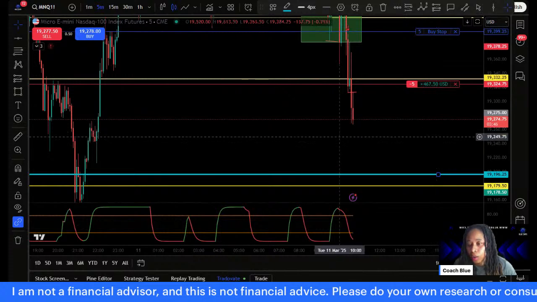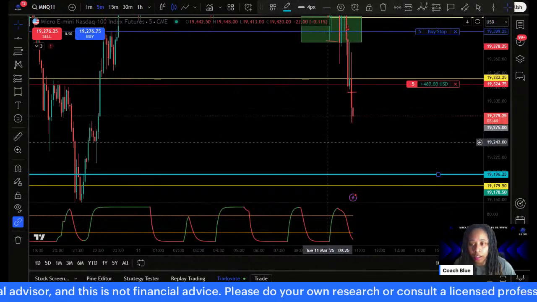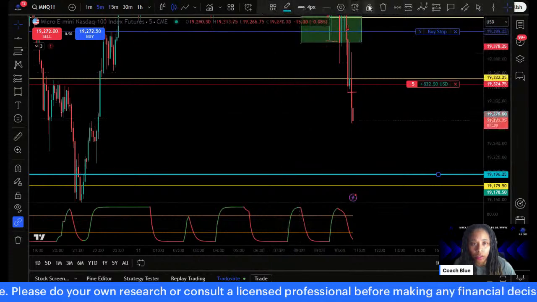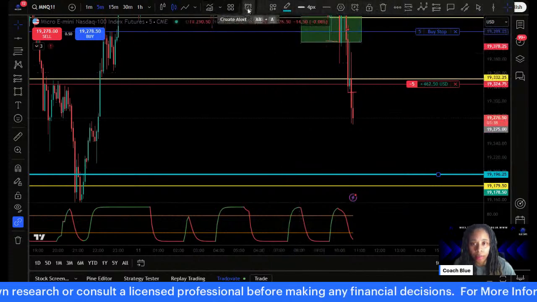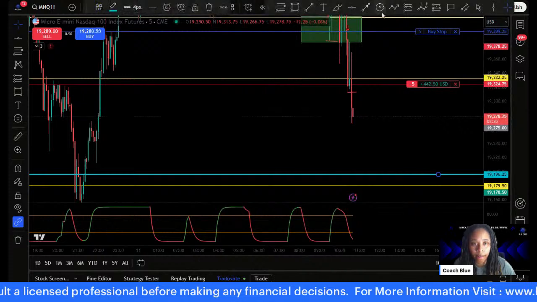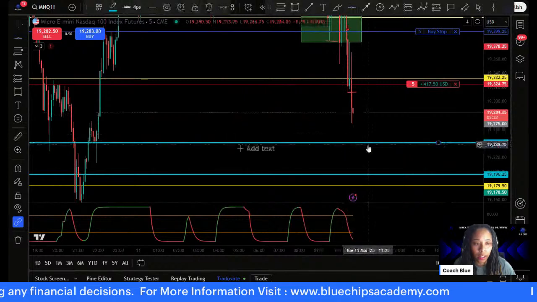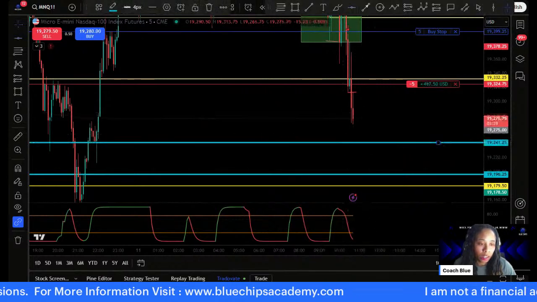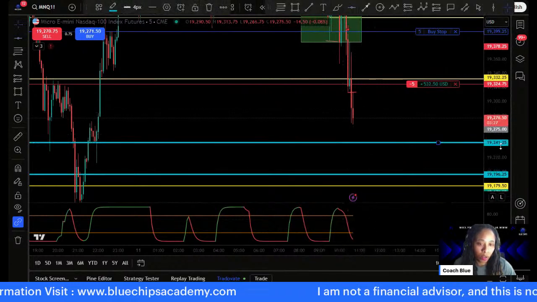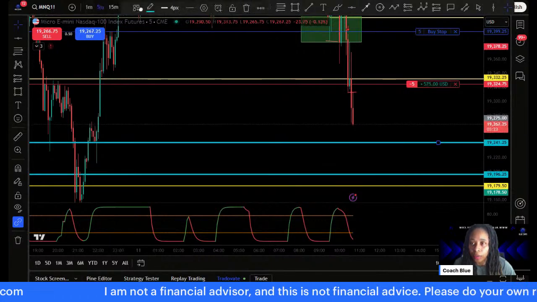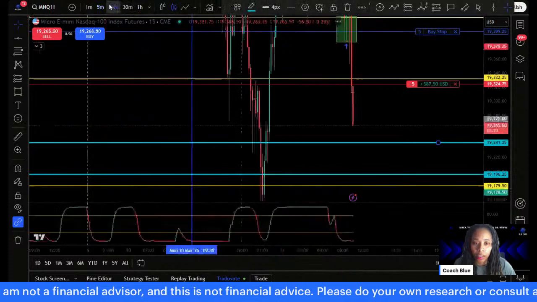Nice drop. We might see some support right here at this level. Let me drop that real quick for y'all. Might see some support right here at this 19,241 level. But if we look at the 15-minute chart here, we can see the fluid movement of price.